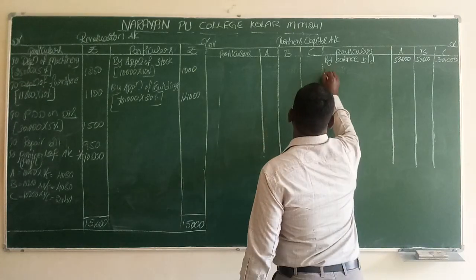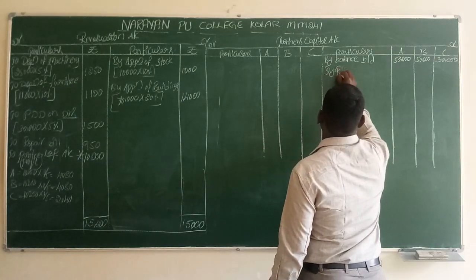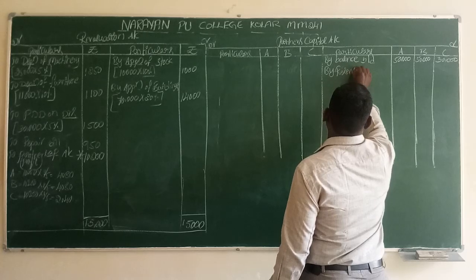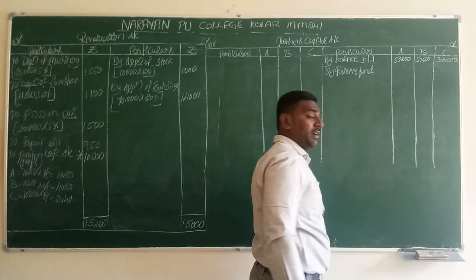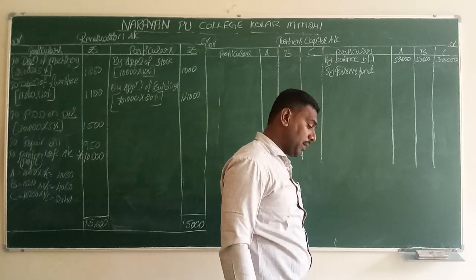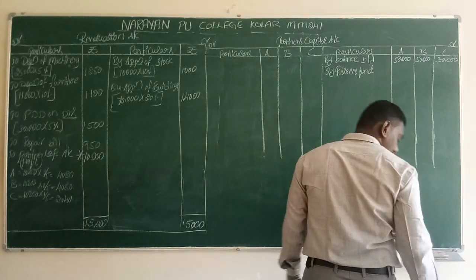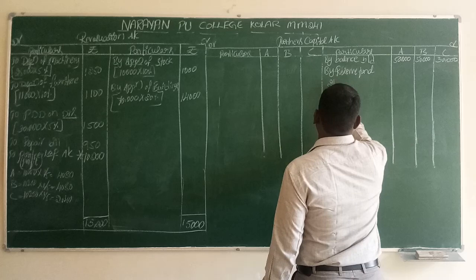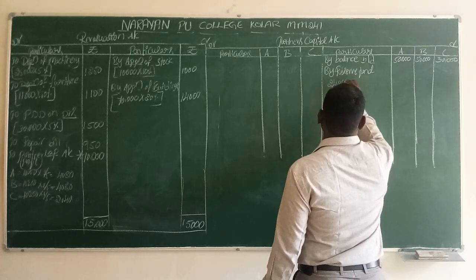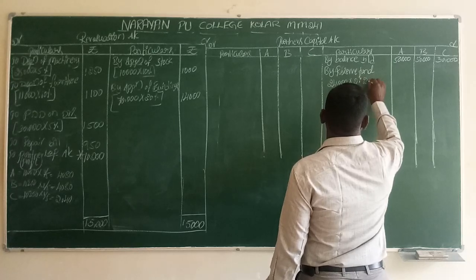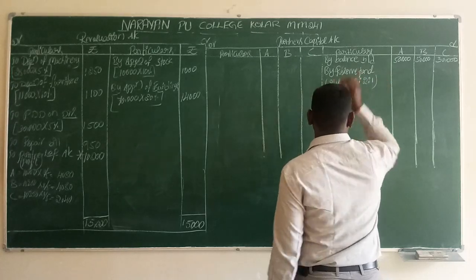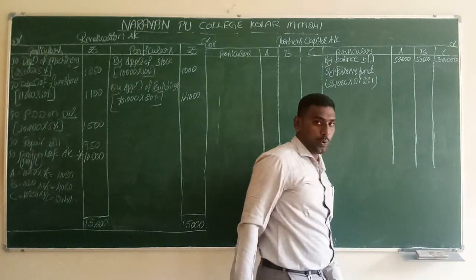We will write 'By reserve fund'. The reserve fund value given in the old balance sheet under the liability side is rupees 24,000. The profit sharing ratio is 2:1.